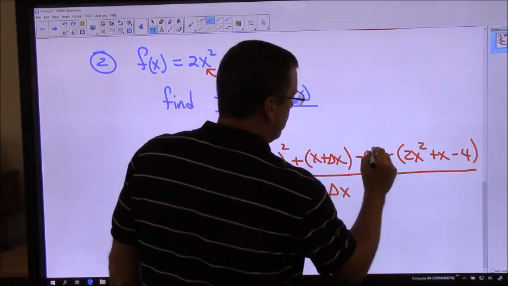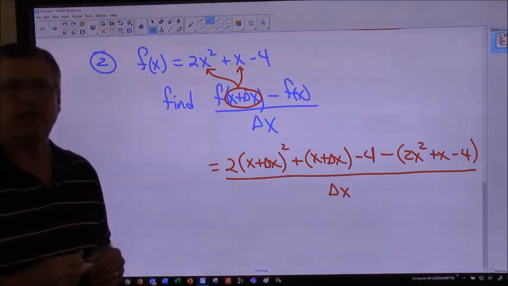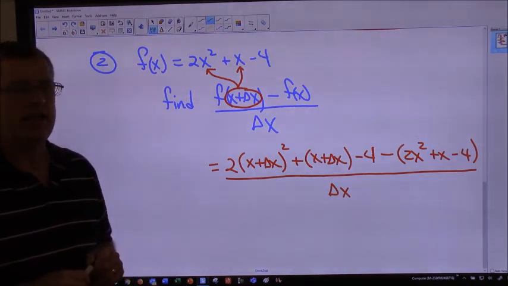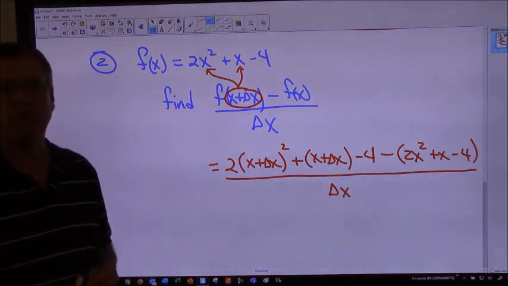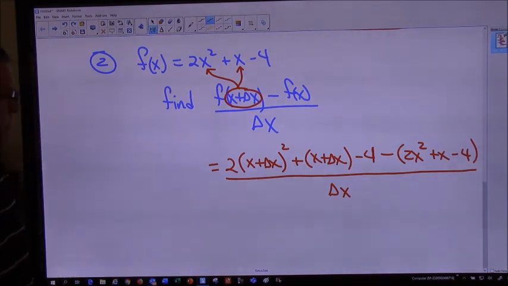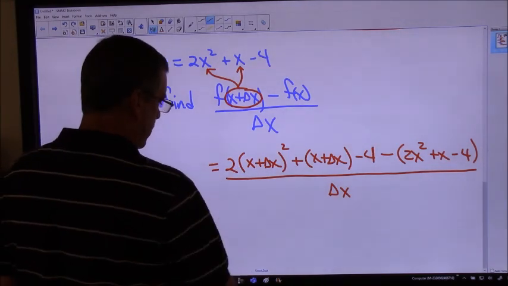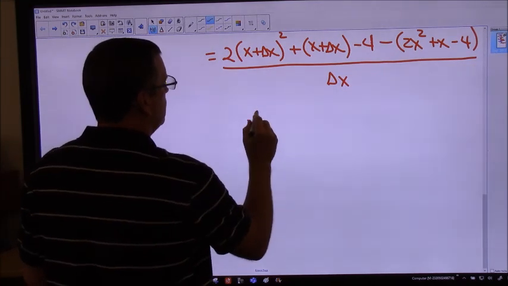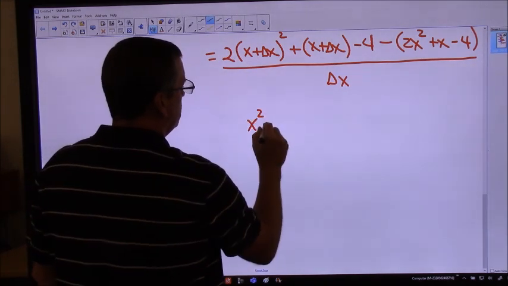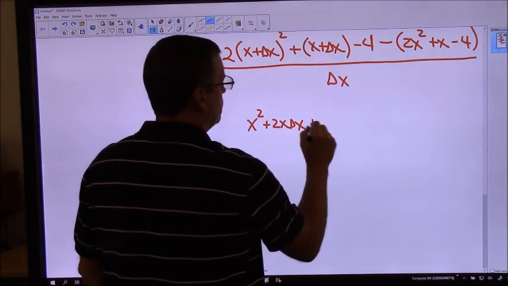So now what I have is this kind of messy algebraic expression that I need to simplify. And anytime you hear me say the word simplify, to me that means do as much adding, subtracting, multiplying, and dividing as possible. Do as much as you can. Okay? All right, first of all, I'm going to multiply this thing out. So I'm going to square the first term, multiply the 2 and double it, square the last term.